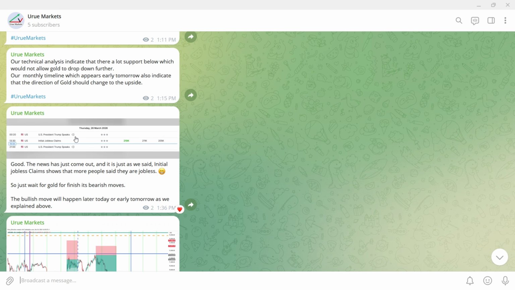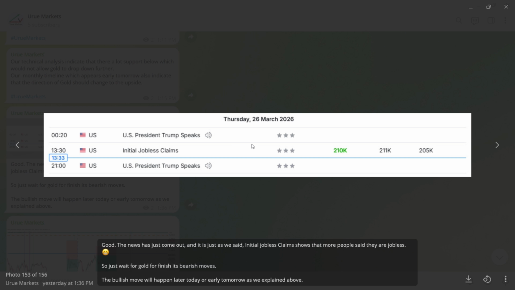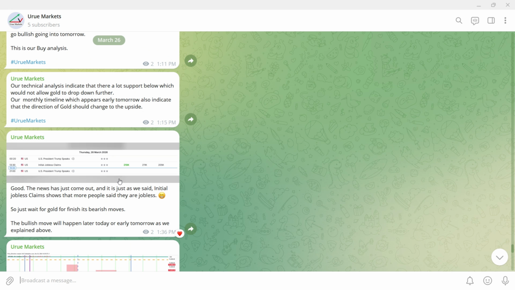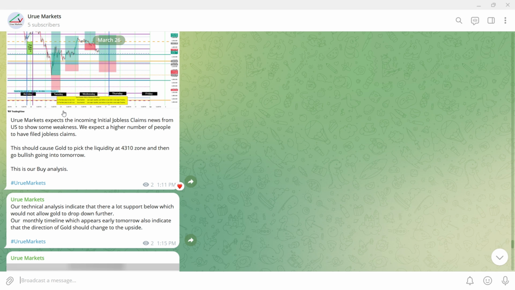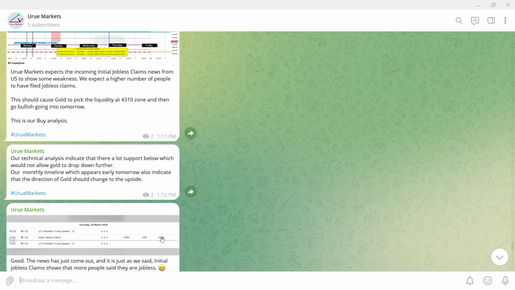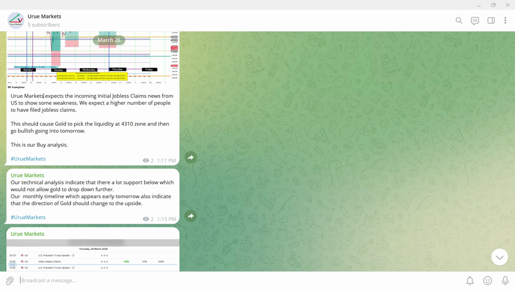Our technical analysis actually helps us to be able to tell what kind of news is coming. Look at this news. Before the news came out, our technical analysis said that we are going to see gold bounce off. Look at it, right? This news was released at 1:30 p.m. and we said this before 1:30.